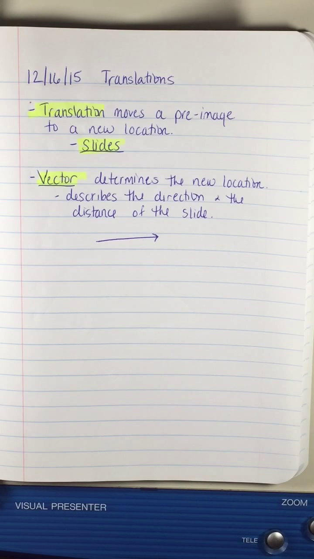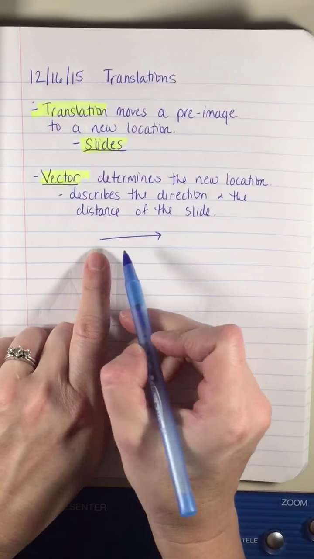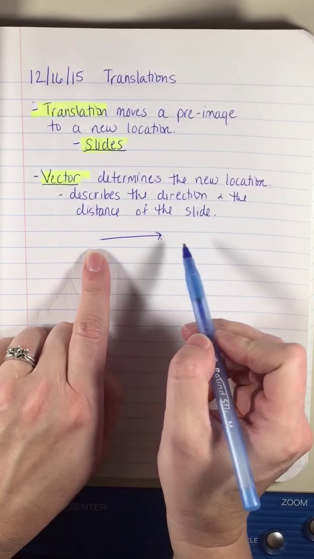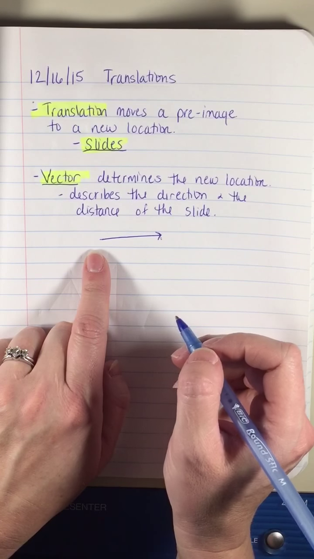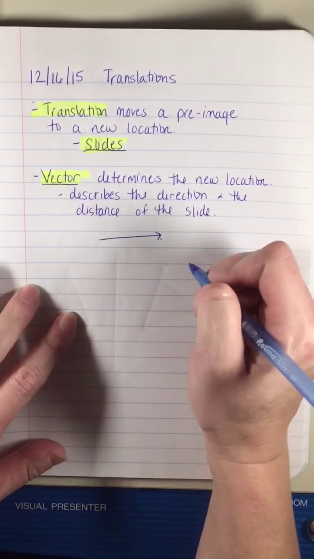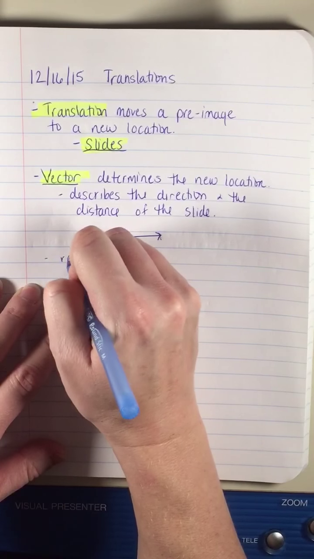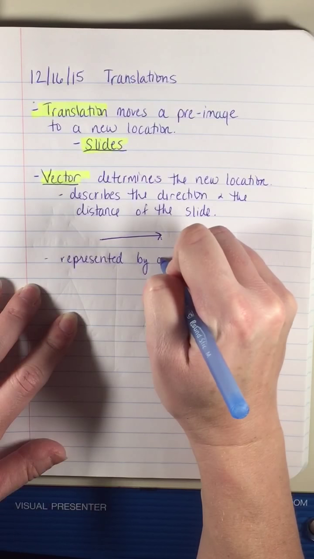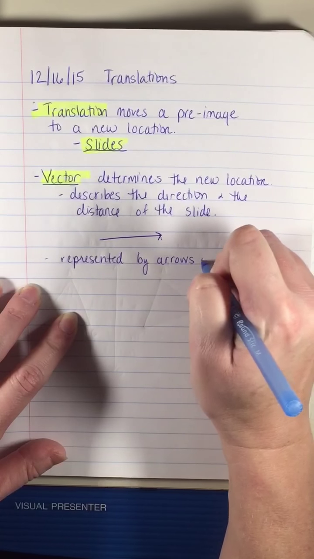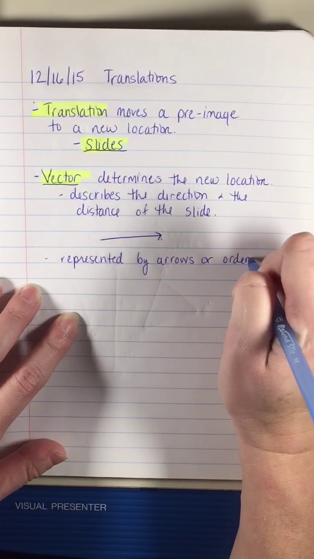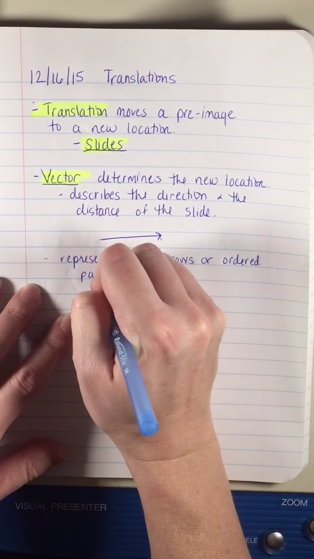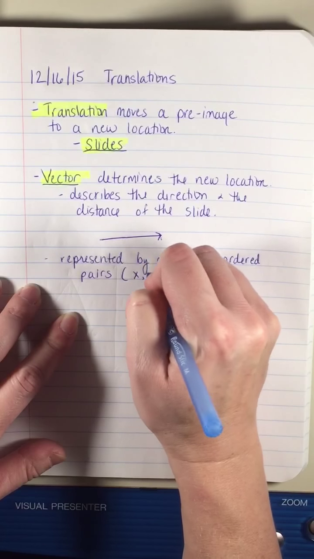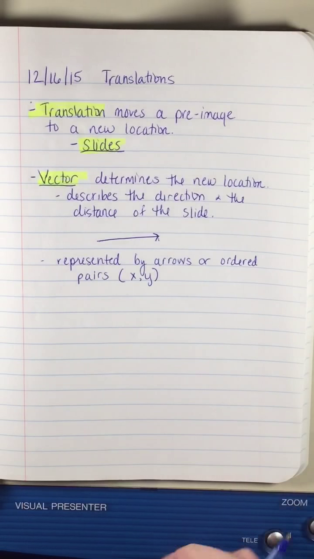Okay. We can also, so we have vectors, we can also represent vectors by ordered pairs. And ordered pairs are an X and a Y.